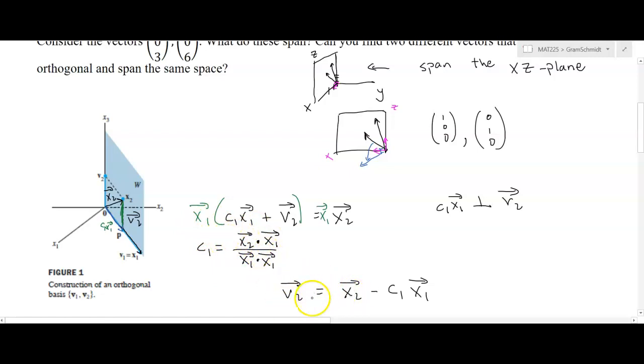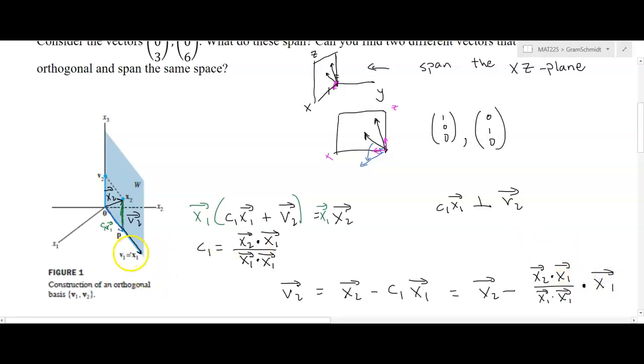So this new vector, v2, is going to equal, now that I have c1, x2 minus x2 dotted with x1 divided by x1 dotted with x1, multiplied or scaled to the x1 vector.